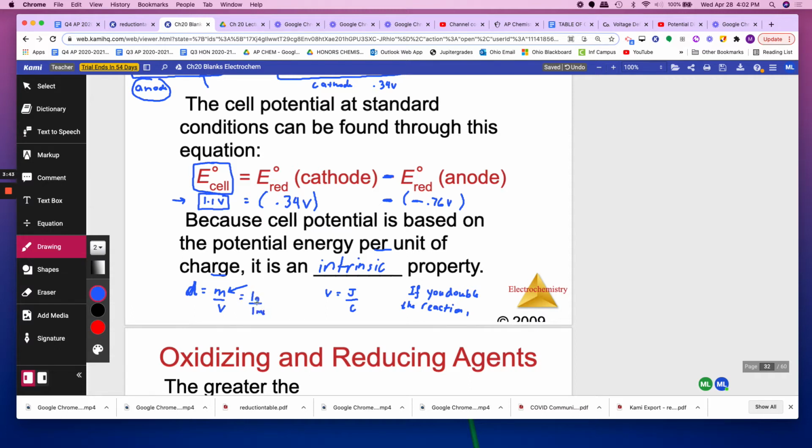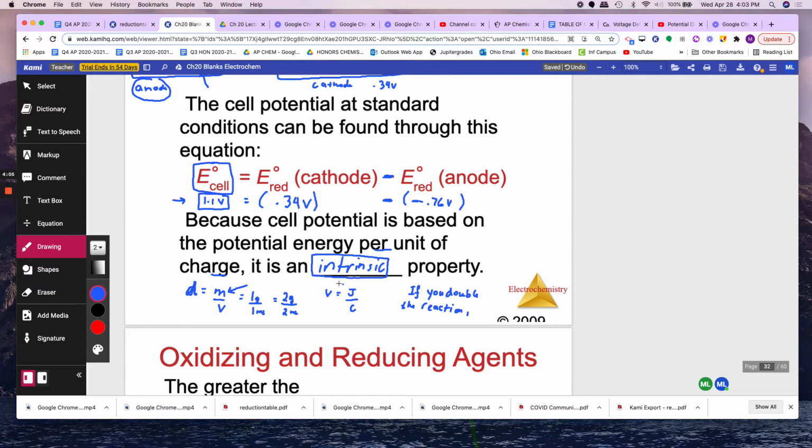If you double the mass, you're going to get 2 grams, but you're also going to get 2 milliliters. So the density is still 2 divided by 2, 1 gram per milliliter. So the density does not change. That's what intrinsic means. It does not change if you change the amount.